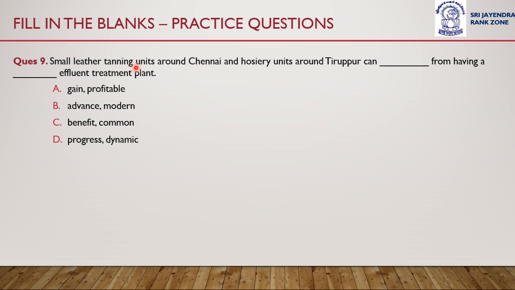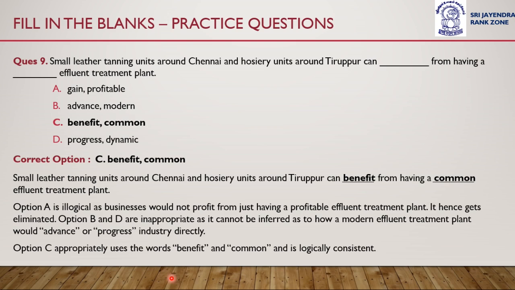Small leather tanning units around Chennai and hosiery units around Tirupur can dash from having a dash effluent treatment plant. So the correct answer is option C, benefit and common.